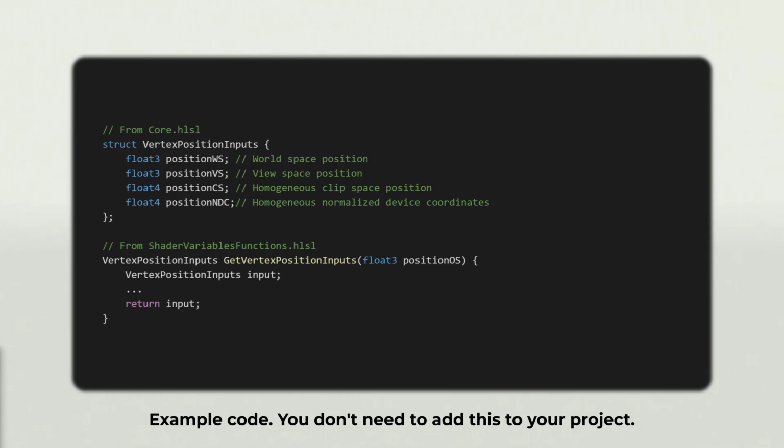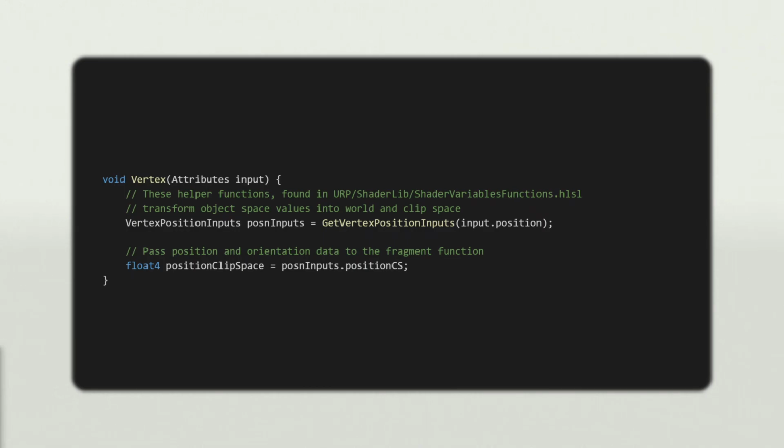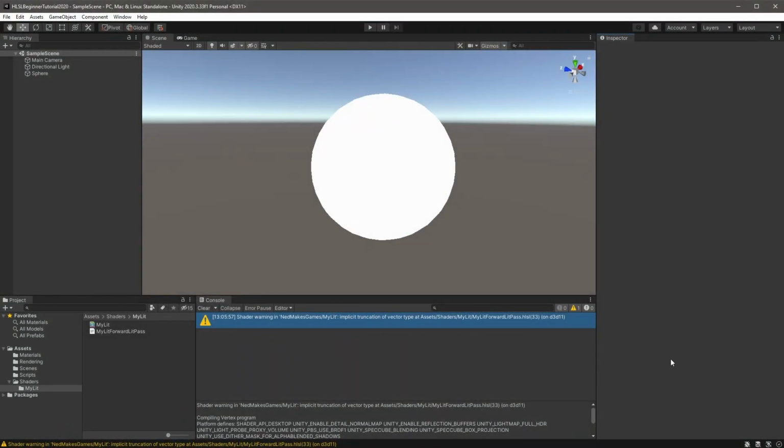Its source code isn't really important, but it returns a structure containing the passed object space position converted into various other spaces. Clip space is one of them, just what we need. Note that clip space is a float4 type. If you tried to store it in a float3, Unity would give you a warning that data will be truncated or lost. This is a common source of bugs, so always heed these warnings and use the correct vector size.